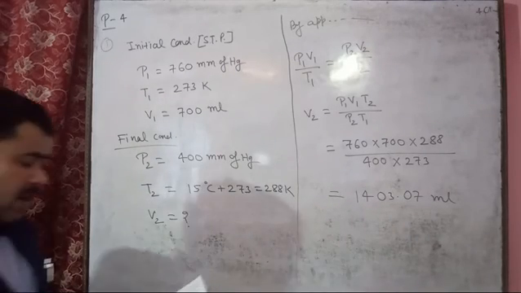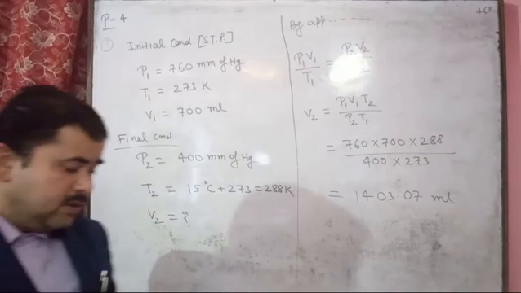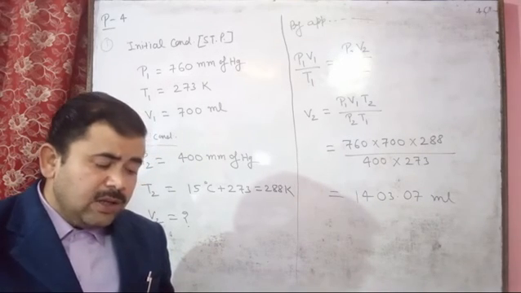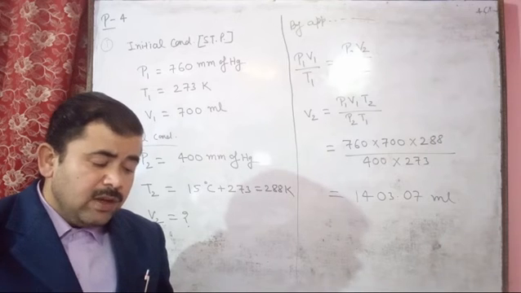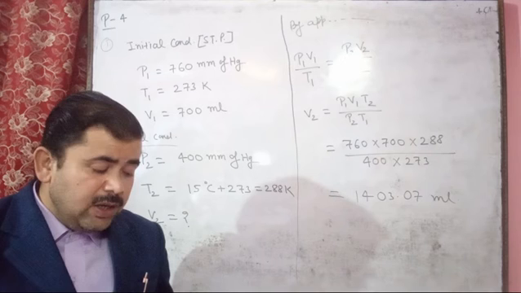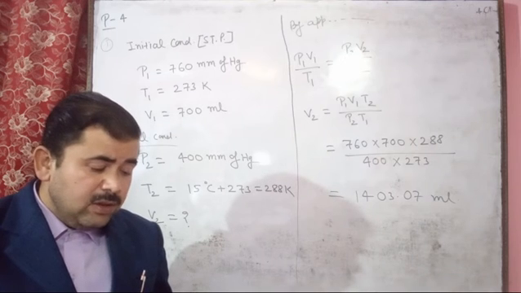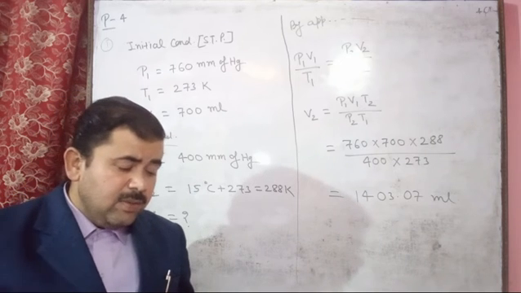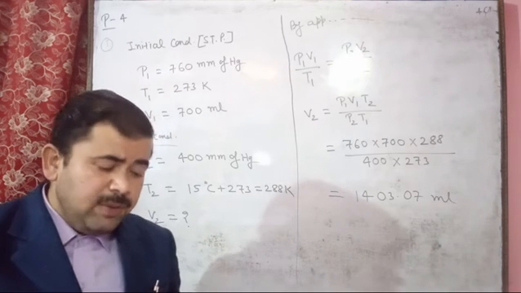In the same manner, the second question: a round bottom flask contains 200 ml of the gas at 27 degrees Celsius and 70 centimeter of Hg. So here 200 ml is V1, 27 degrees Celsius is T1, which you will change into Kelvin, and 70 centimeter of Hg is P1.